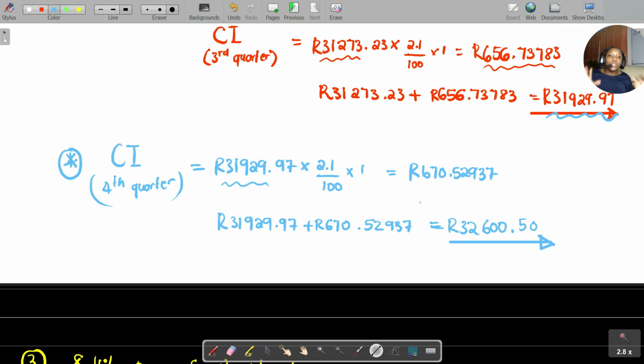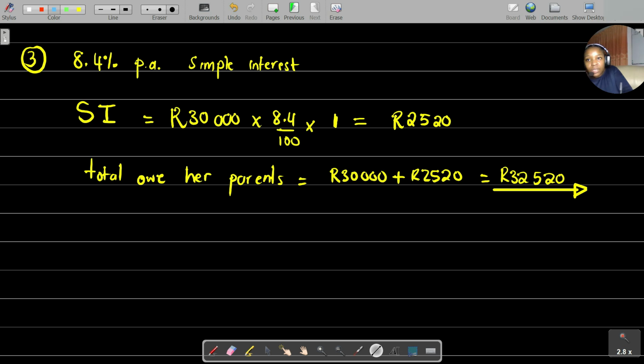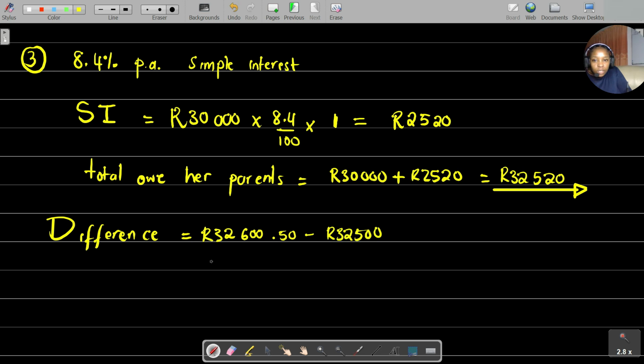But now all that we need to do is find the difference in these two, right? So to get the difference it's just going to be equal to 32,600.50 minus 32,500. How much do you get?